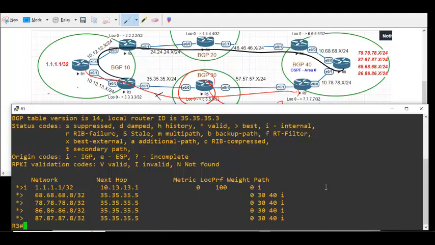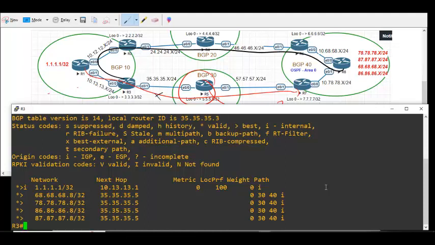When I set it higher on router 2, automatically router 1 and router 3 will start showing router 2 as the next hop. Right now, even router 1 doesn't show router 2. Even router 1 is showing only router 3 as the best next hop.